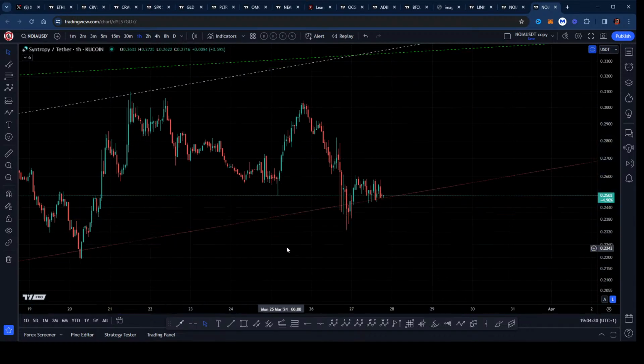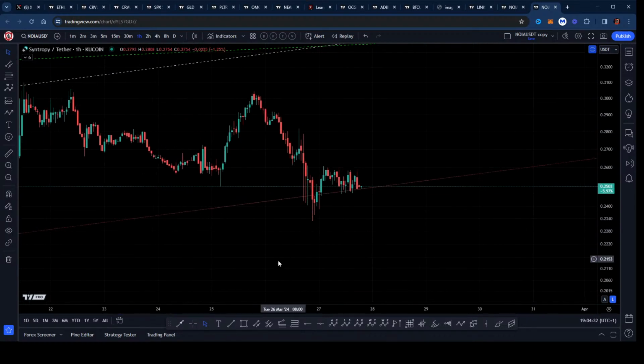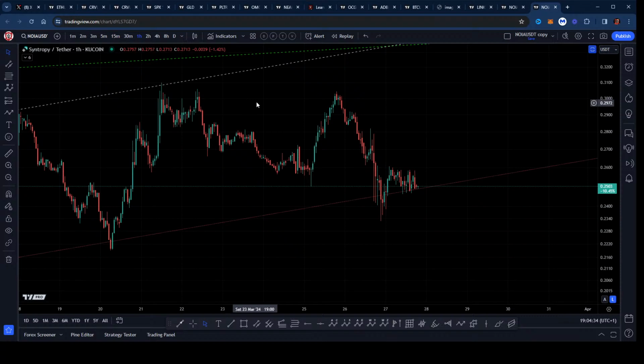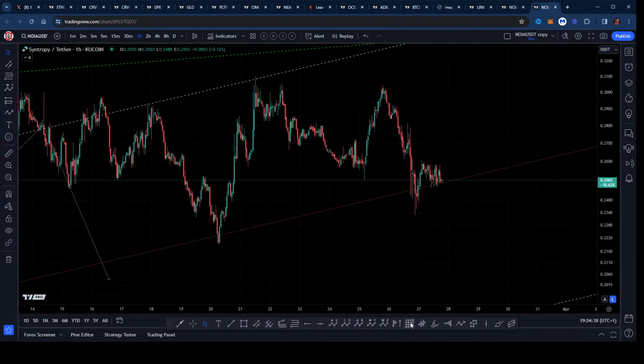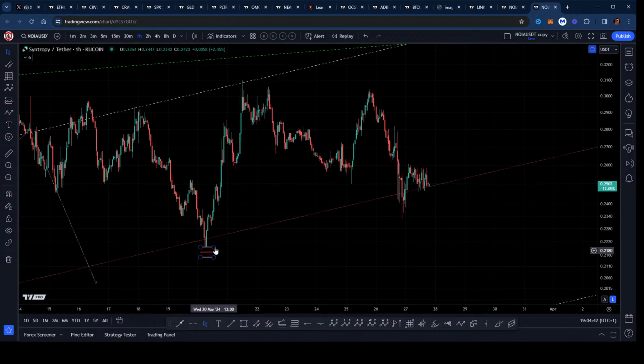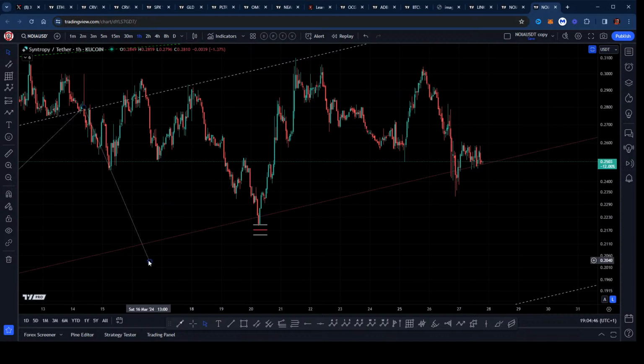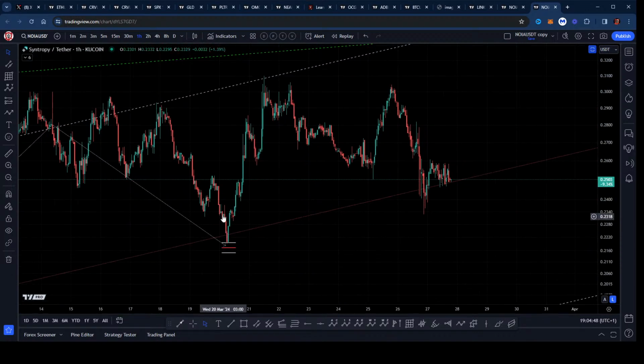Okay, well, let's use our little entry model here. What would we want to do here? So first question is where are the obvious stops? They're right there, right? So we know that there's stops down there. If the algo is looking for liquidity, it's going to look for it right there. This is the swing level liquidity.